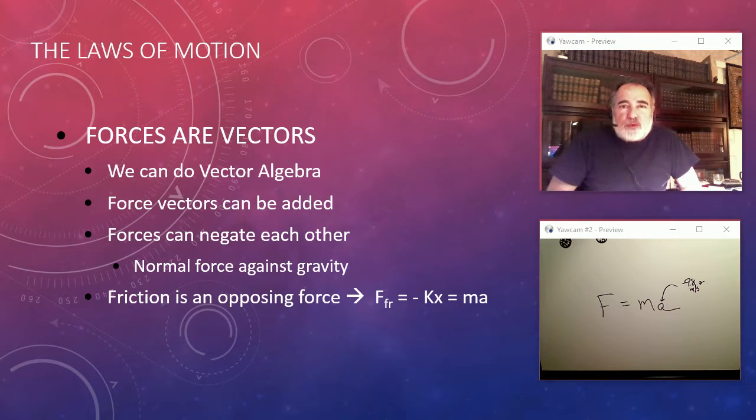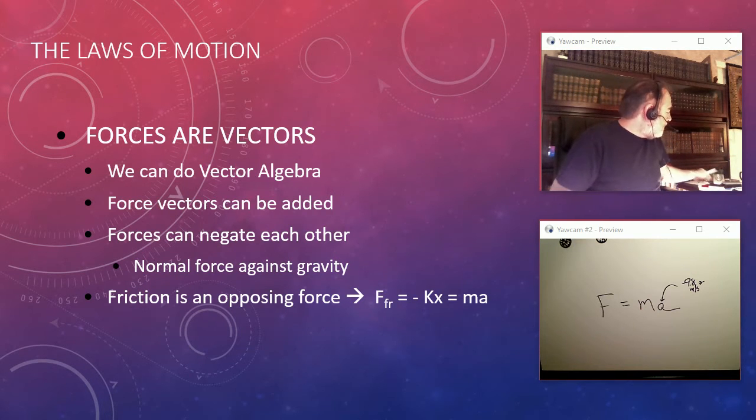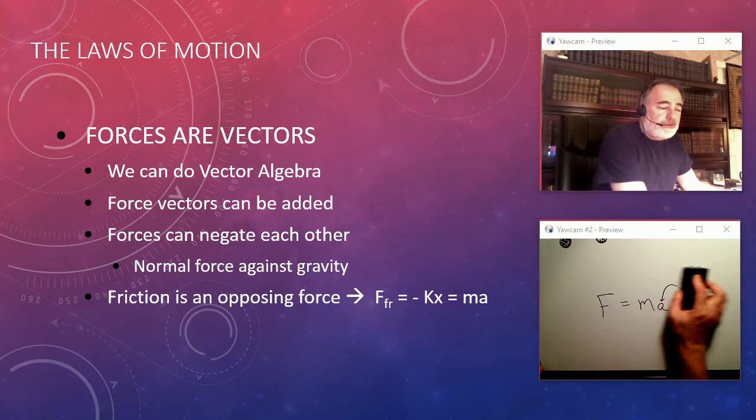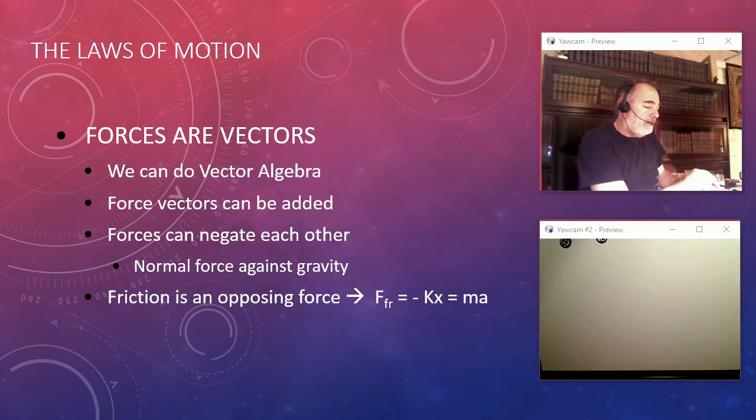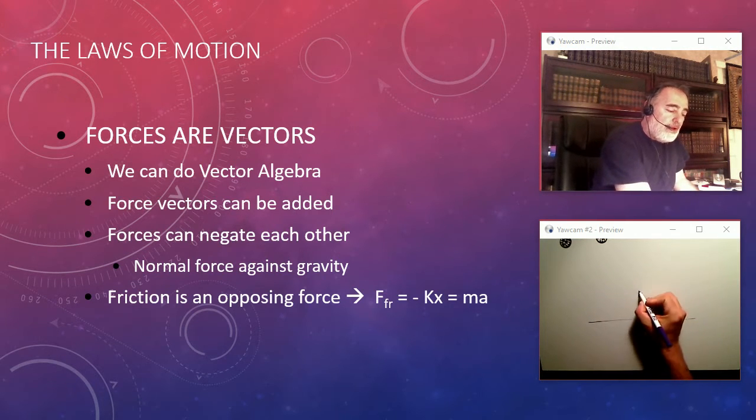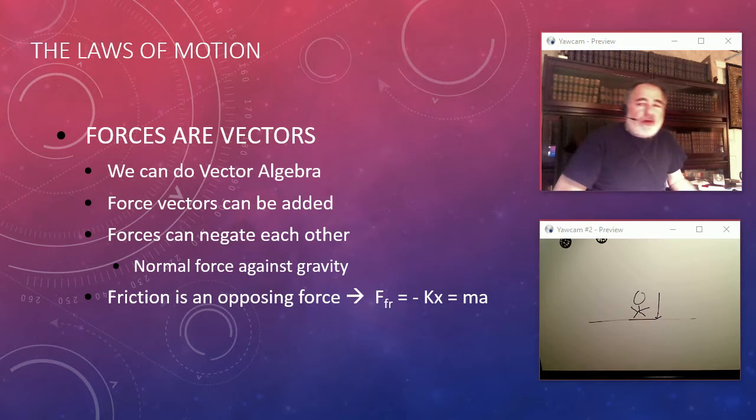What we must remember here is that forces are vectors, so we can do the vector algebra with them. They can be added. Forces can negate each other. If I'm standing on the ground here, there is a force of gravity down, right?